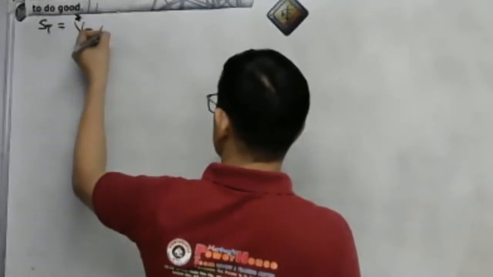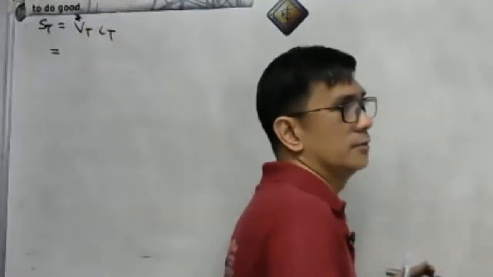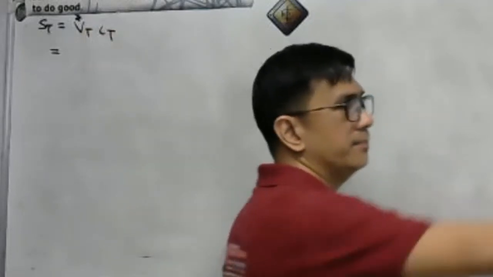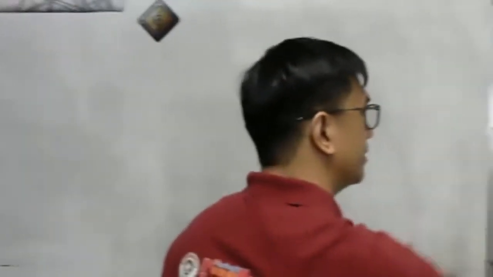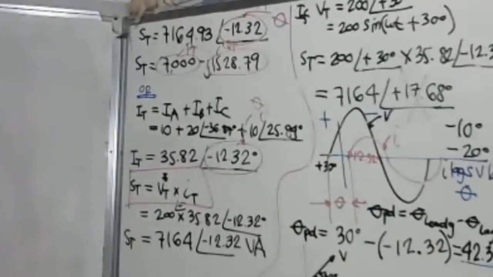Here, V conjugate times I total. Okay, sir. For example, you have positive 30 degrees. That is your given for your voltage, 200 volts.